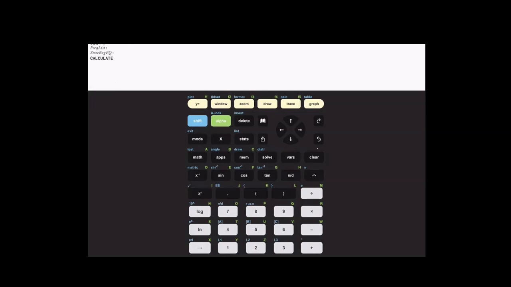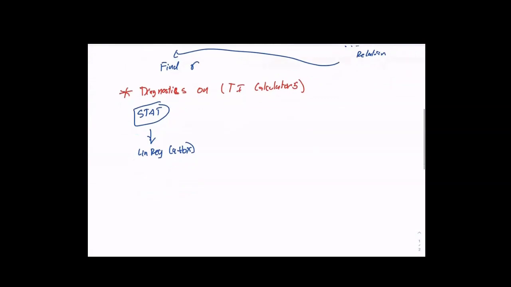And I put my data into L1 and L2, and I go to calculate. Now, some important information came up here, okay? It tells me what R is. So it does all the calculations for me. When you do this, the calculator will calculate R, and R is equal to the summation.